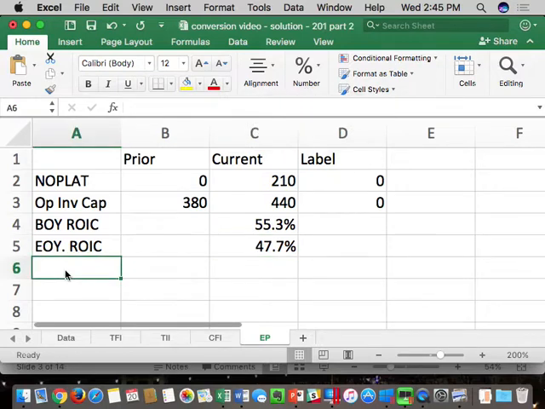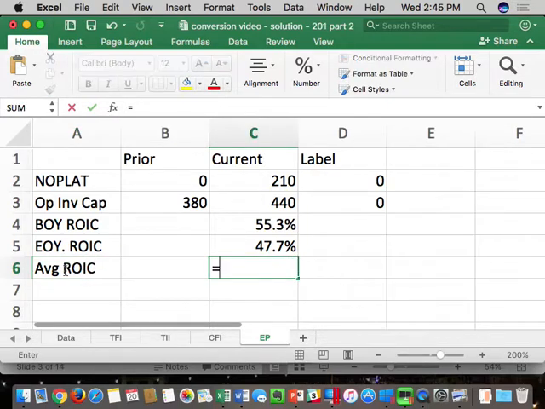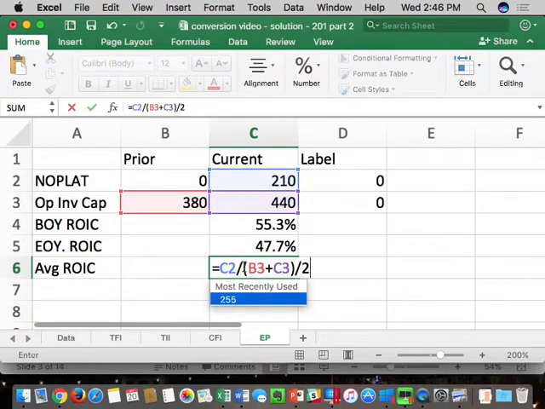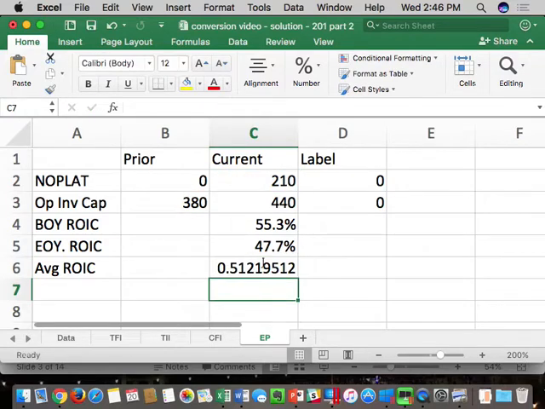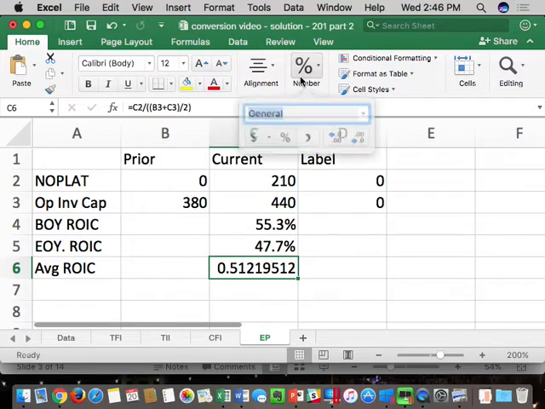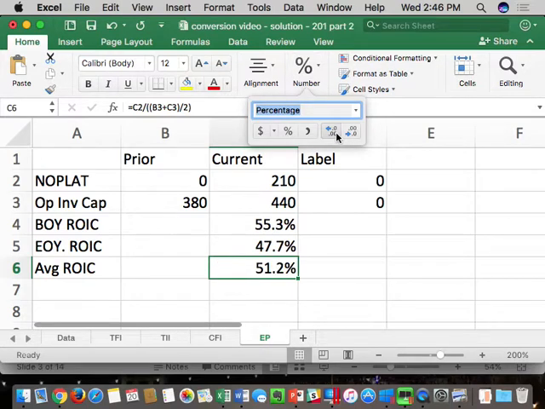The third ROIC that is often done is called the average ROIC, which is the NOPLAT divided by previous plus current, take all of that and divide by 2. Average of the 2. 51%. Right? So those are 3 different methods for calculating ROIC.